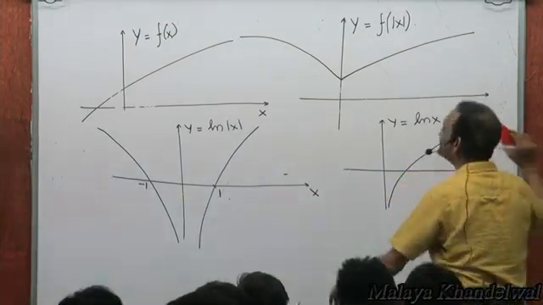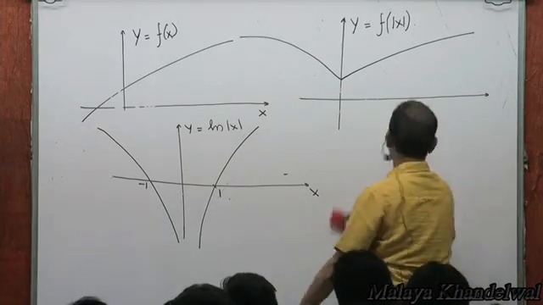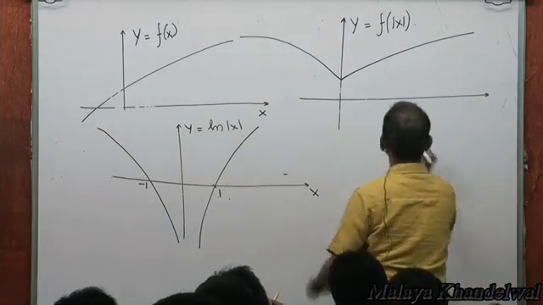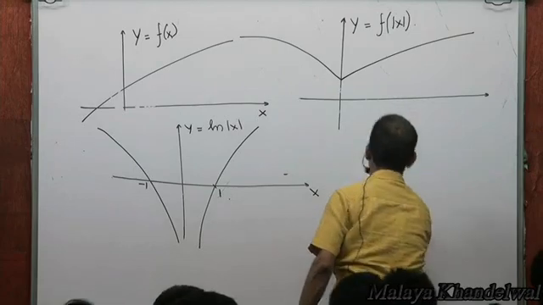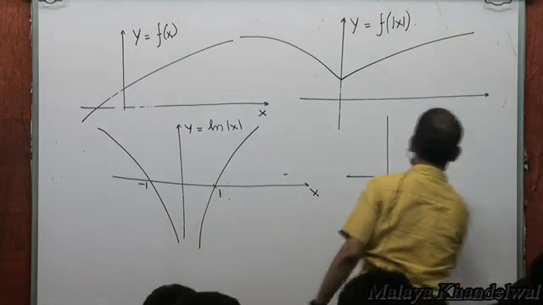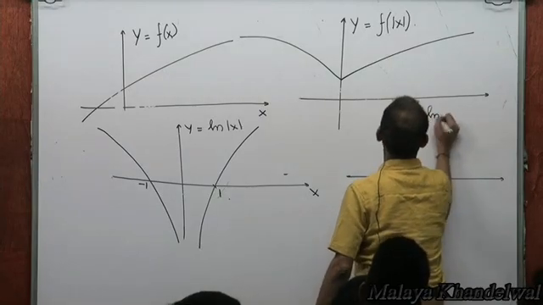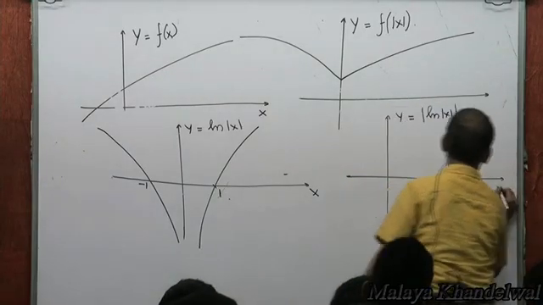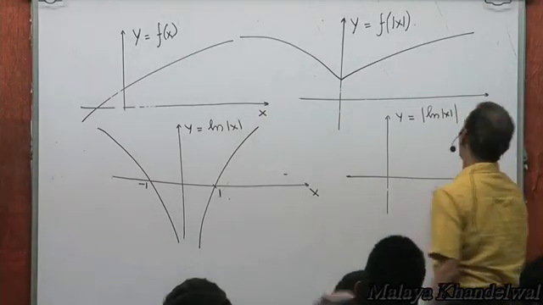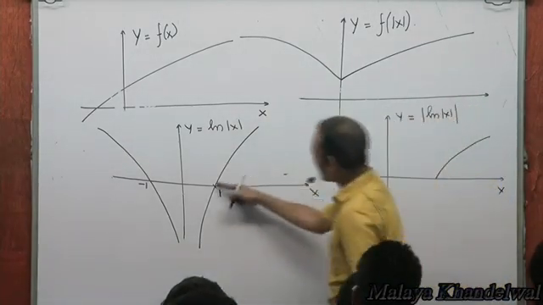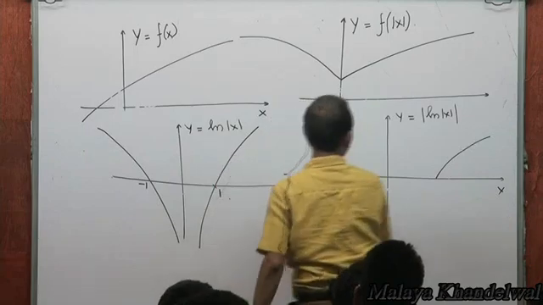Now, suppose I want to draw the graph of mod of ln of mod x. Wherever negative, reflect it about the x-axis.